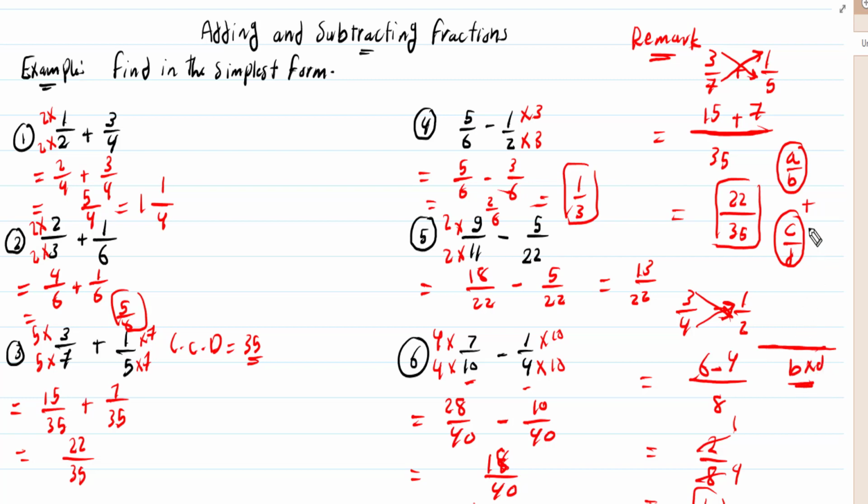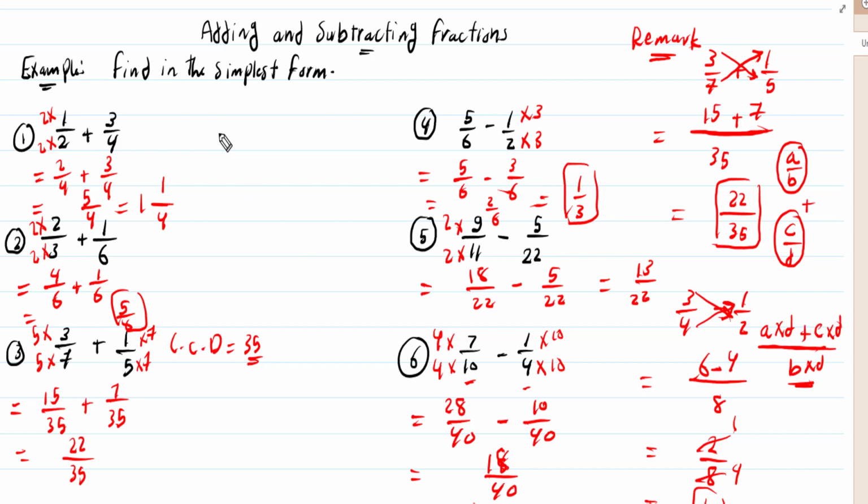Okay, and multiply the numerator of the first by the denominator of the second, so it will be a times d, plus the numerator of the second by the denominator of the first, which is c times b.